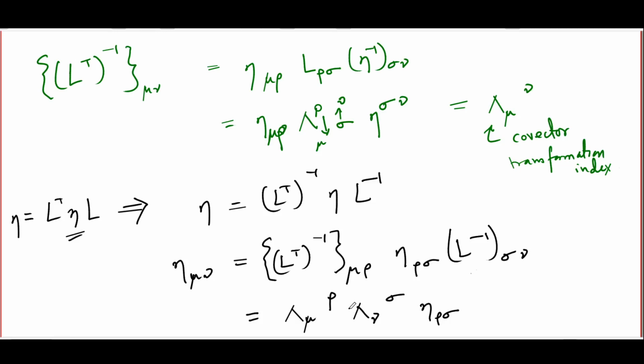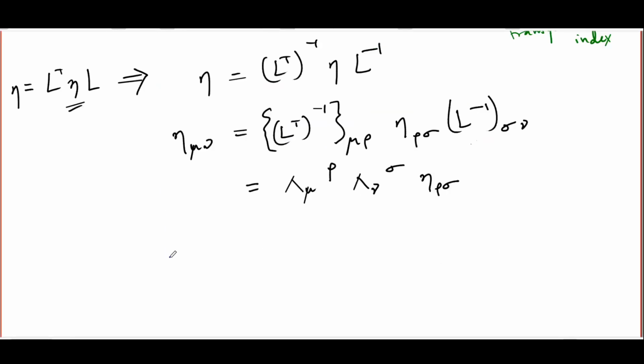If you were to treat η as not just a bunch of numbers, but as a (0,2) tensor, which is what its index positioning actually implies, then the way it would transform under coordinate transformations is precisely this. It would pick up two covector factors, lambda lower μ upper ρ, lambda lower ν upper σ. Now what this expression shows is that this η, which is a (0,2) tensor, is numerically invariant. Its components do not change under Lorentz transformations. It's the same for all inertial frames. That is why you have got η_{μν} back.